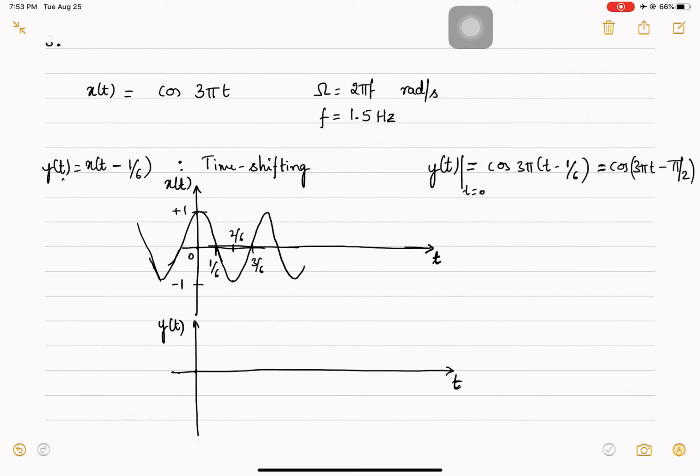At t equal to 0, I get cos of minus pi by 2, and cos of minus pi by 2 is 0. So y of t at t equal to 0 is 0. I can do the math. At t equal to 1 by 6, you get cos of pi by 2 minus pi by 2, which is cos of 0. So I'll get 1.